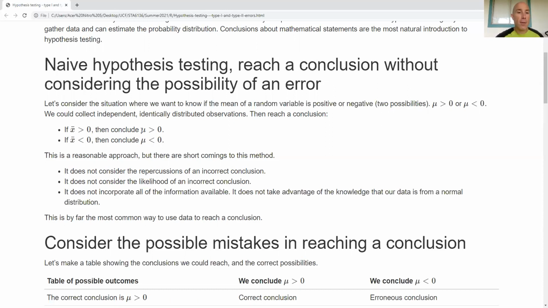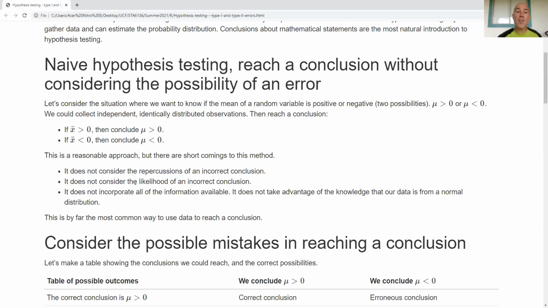If the population average is positive, but my data gave me a negative sample average, then I made a mistake. I made an error. I have to deal with the consequences. So first and foremost, this framework does not address the repercussions of making a mistake, of reaching the incorrect conclusion.